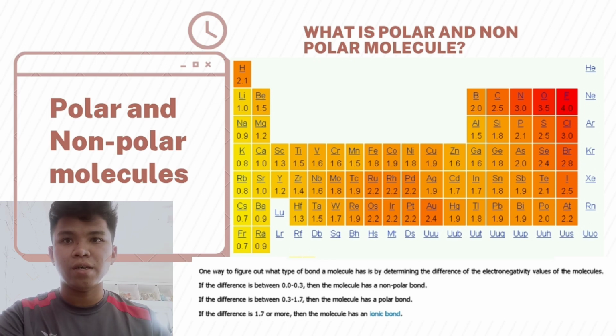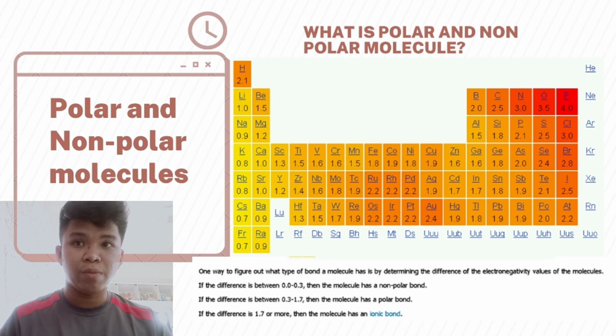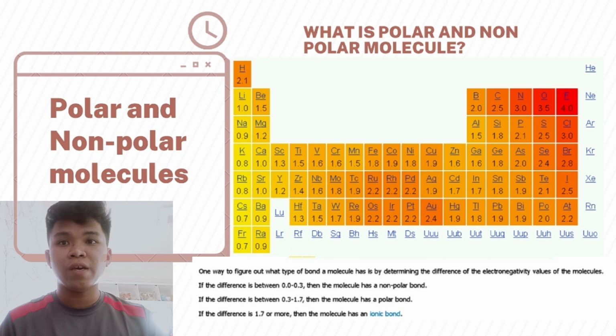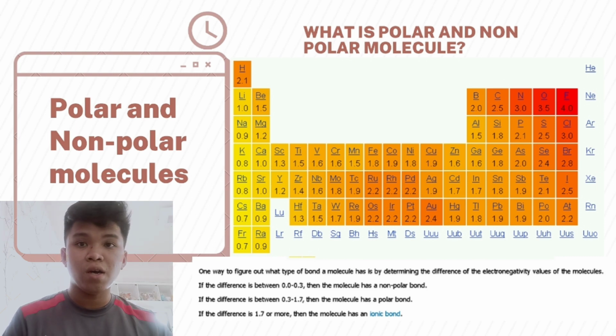So, remember guys, 0.0 to 0.3 is nonpolar. Then if 0.3 to 1.7, the molecule has a polar bond. And then, if the difference is 1.7 or more, then the molecule has ionic bonding.